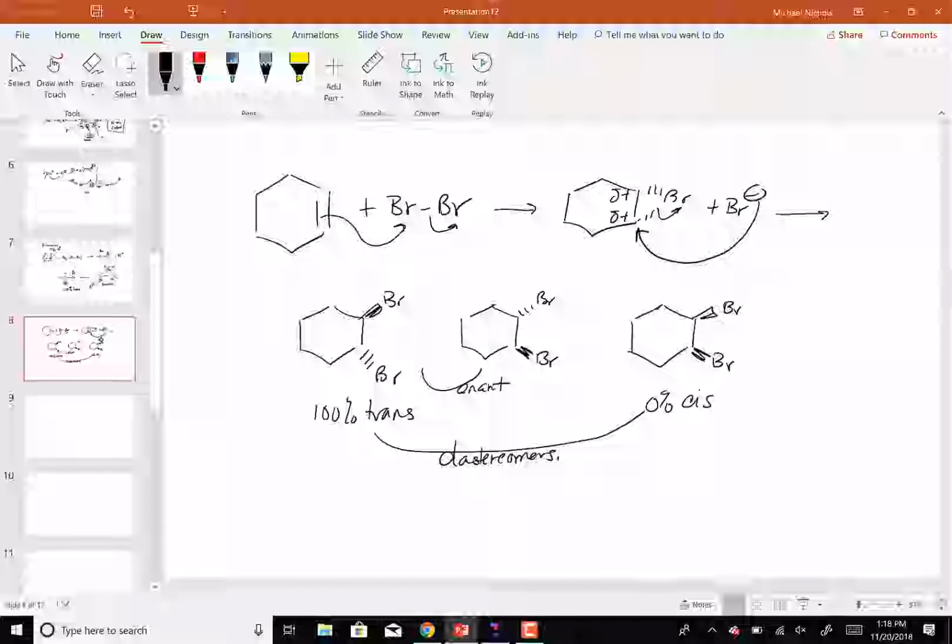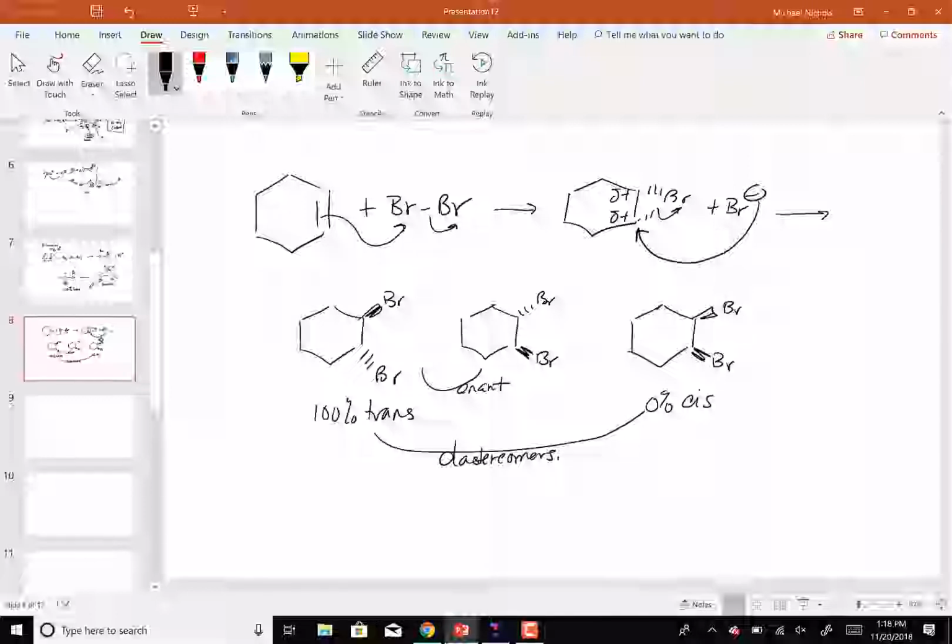Now, this goes back to what I said yesterday about one of the weird things about selectivity. Selectivity doesn't make any difference whether it's 51-49 or 100 to 0. There's no special term that's used if it's 100 to 0. So in this case, it's just as selective as if it was 51-49.